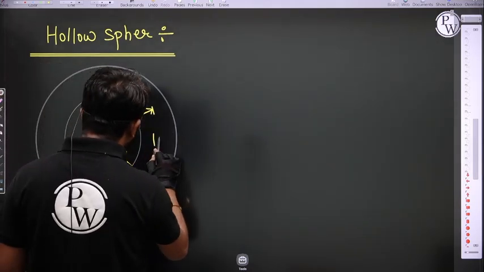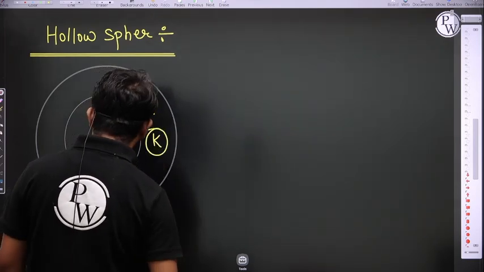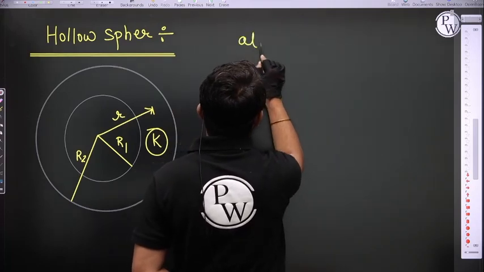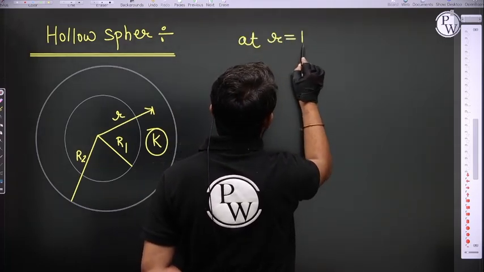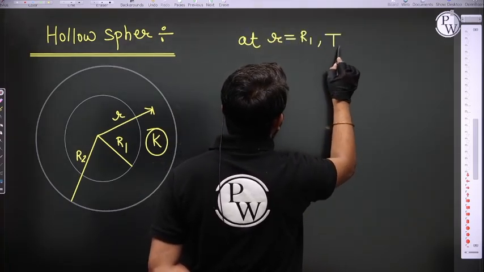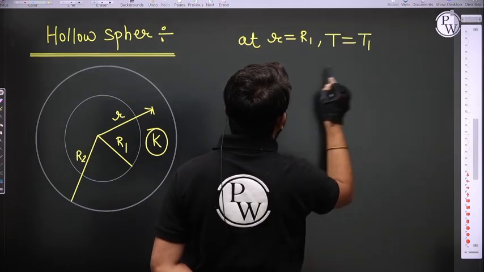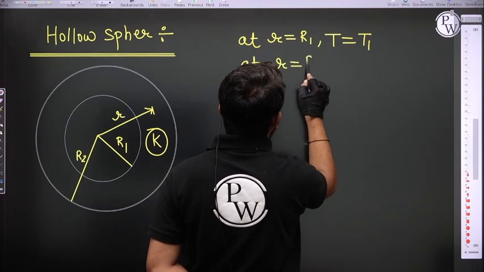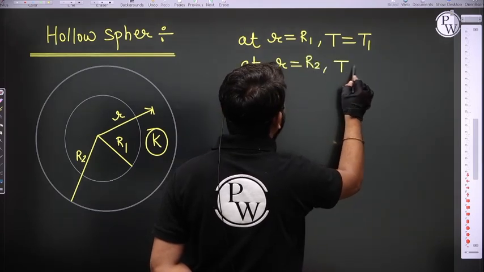Thermal conductivity of this hollow sphere is K. At R equal to R1, T is equal to T1. At R equal to R2, T is equal to T2.